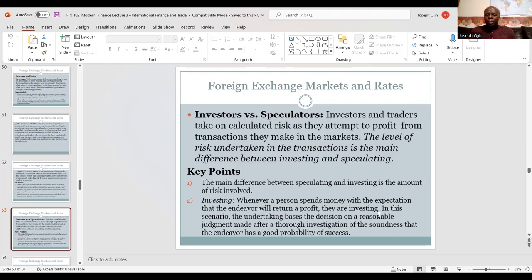assets. For example, last week the S&P, the market, was down because of so many negative news. So a speculator might bet that the market will go down, and then buy a very risky investment like options, binary options, or any kind of contract that bets the market will go down.